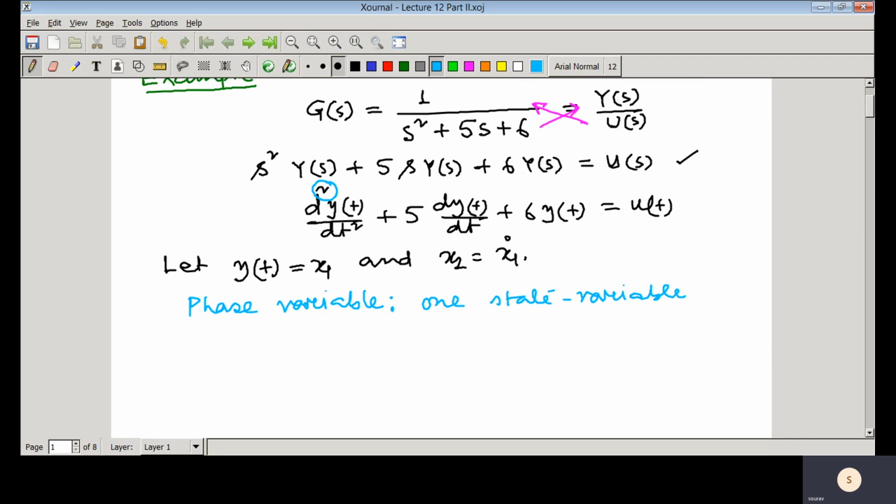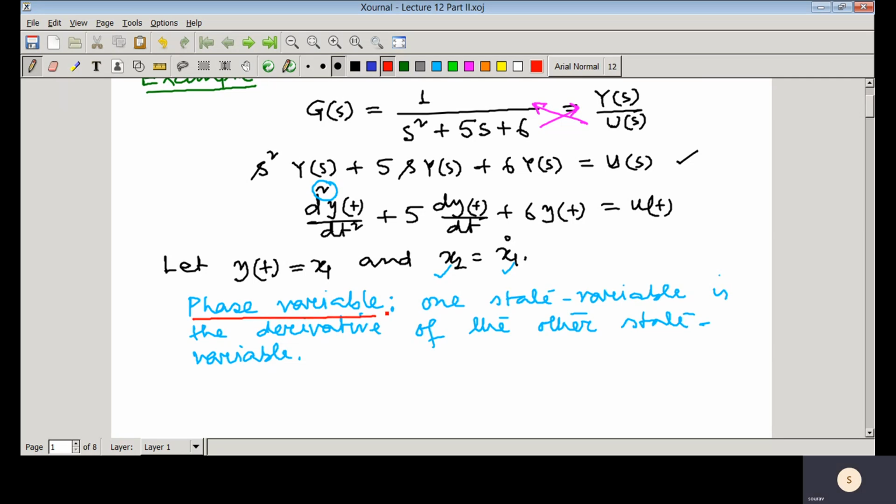Here you can see that one state variable, say x2, is the derivative of the other state variable, then they are called phase variables.